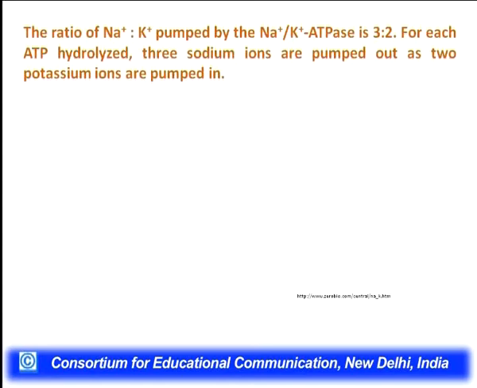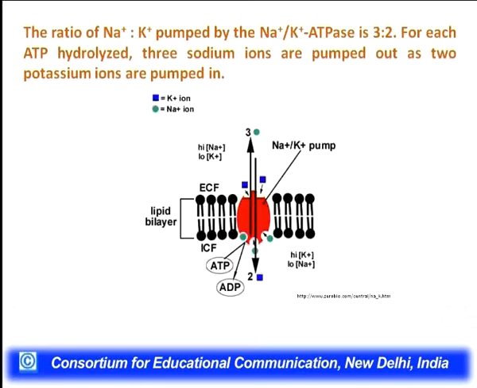The ratio of sodium to potassium pumped by the sodium-potassium ATPase is 3:2. For each ATP hydrolyzed, 3 sodium ions are pumped out as 2 potassium ions are pumped in. We already know that outside the sodium concentration is too high, but the sodium ions are still thrown out by utilizing the energy from this ATP. ATP is hydrolyzed, and in the process 3 sodium ions are thrown out and 2 potassium ions are taken in.